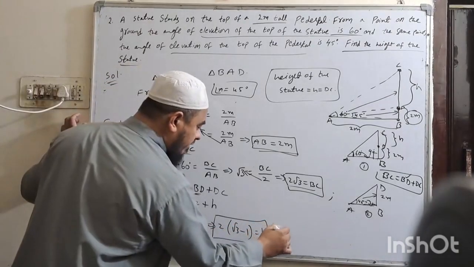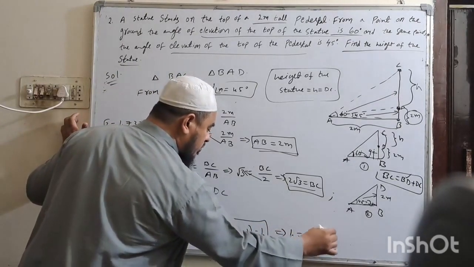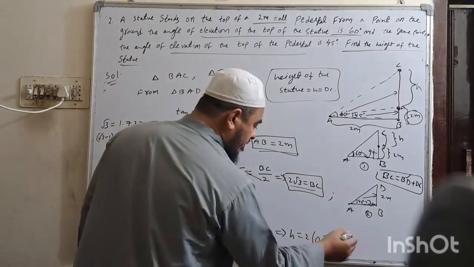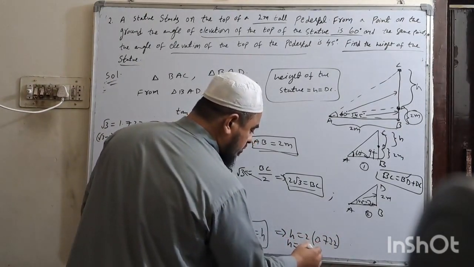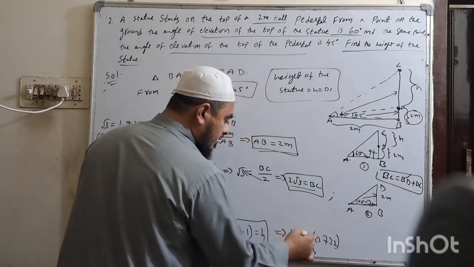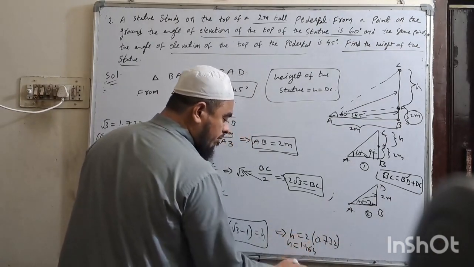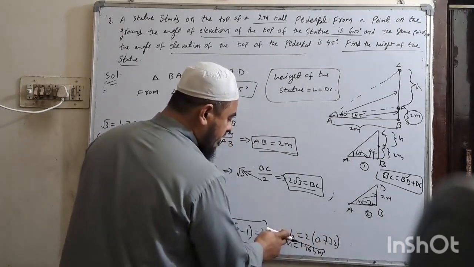So when we solve, h is equal to 2 into 0.732. If you multiply these two, finally we get the height. 2 2s are 4, 2 3s are 6, 2 7s are 14, so we get 1.464 meters. So this is the height of the statue.